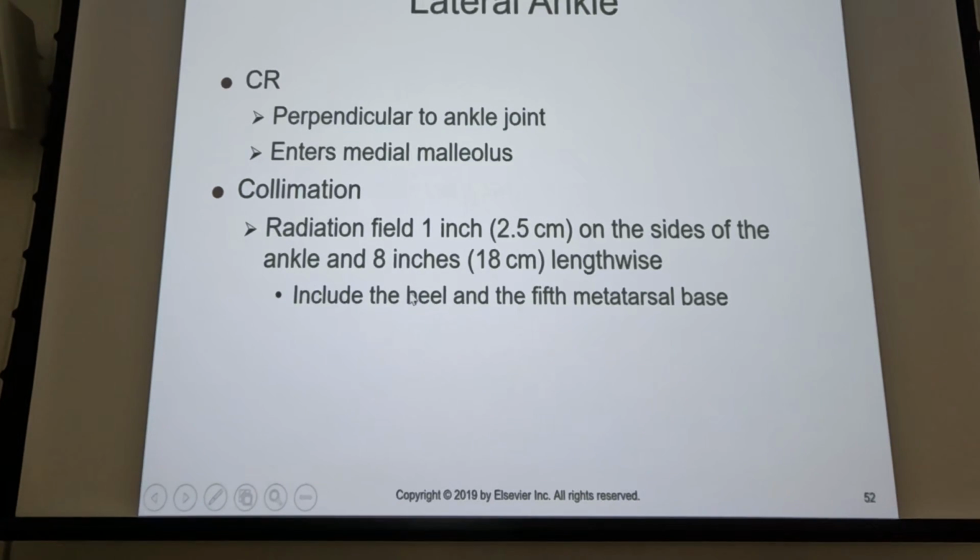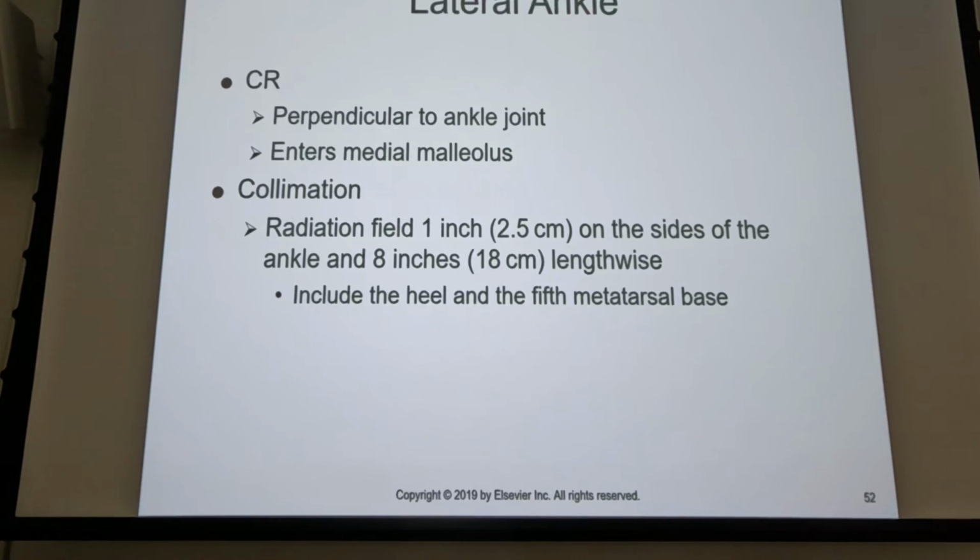But what you want to make sure that you do is open your collimator to include the base of the fifth metatarsal. So, let me see if this is in the book. Yeah, if you flip over to page 320, and I want to show you some images here in a bit. If you flip over to page 320, you find, and I put in the notes, this is Bennett fracture.